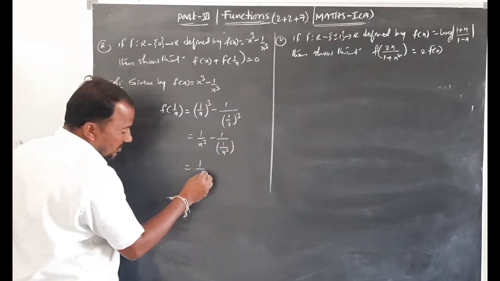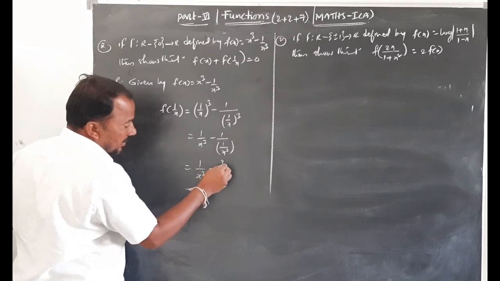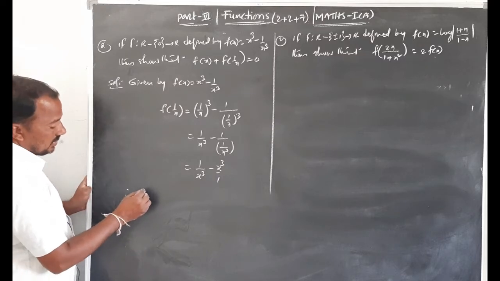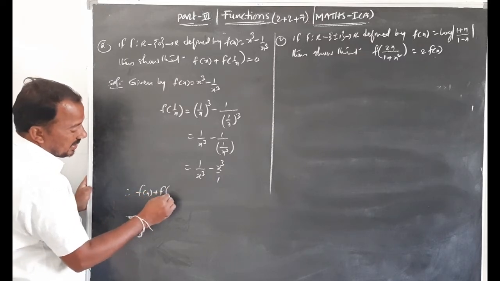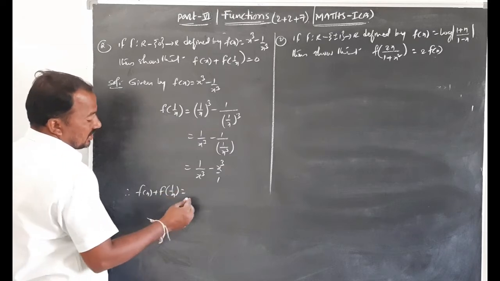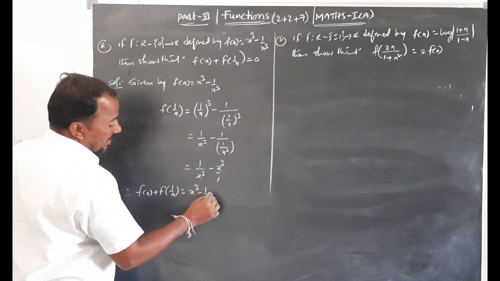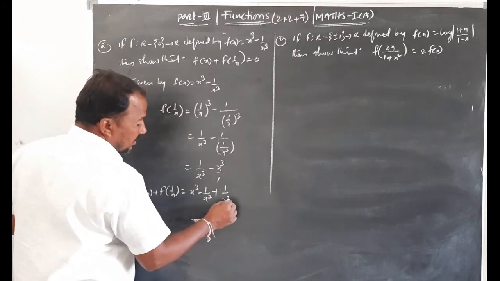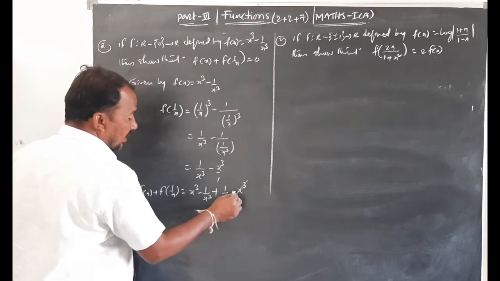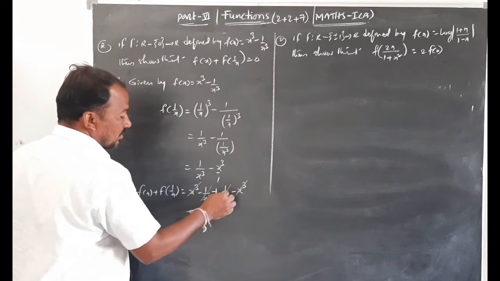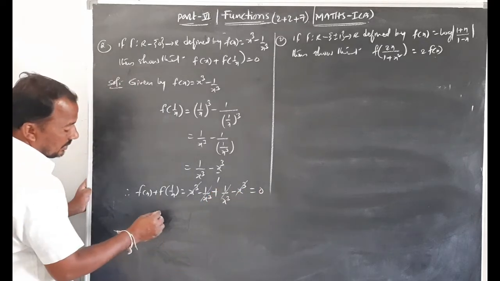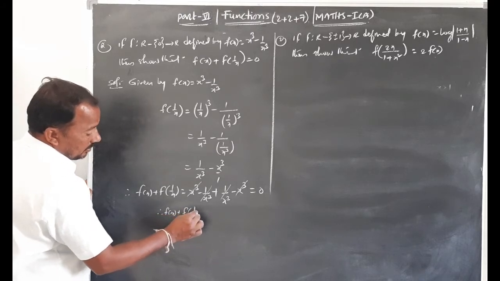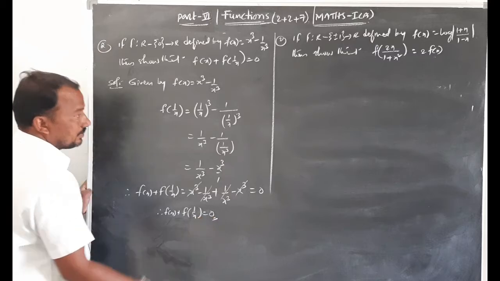Therefore f of x plus f of 1 by x equals x cube minus 1 by x cube plus 1 by x cube minus x cube, and x cube cancels with minus x cube and 1 by x cube cancels, so it equals 0. Hence f of x plus f of 1 by x equals 0.